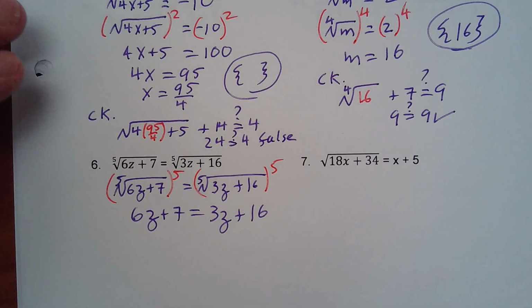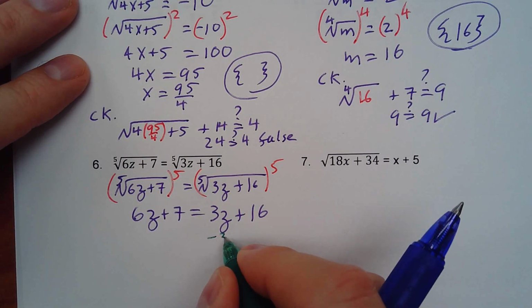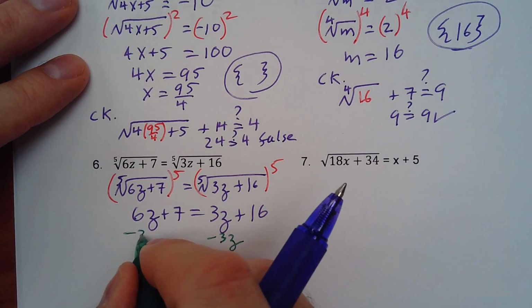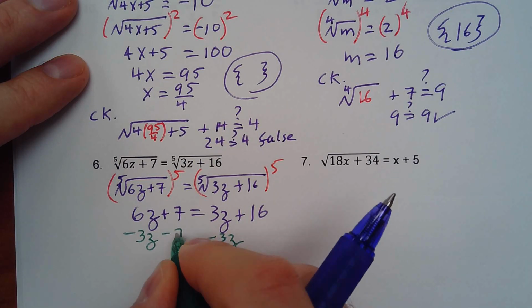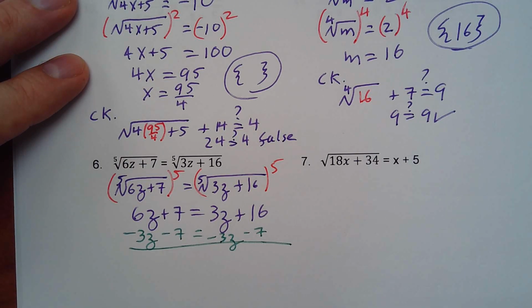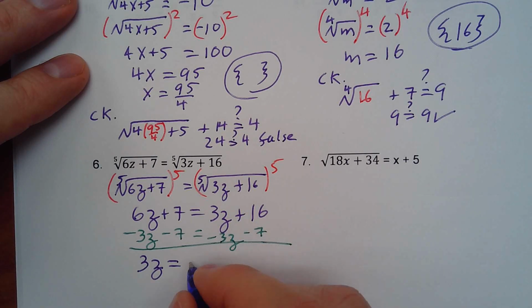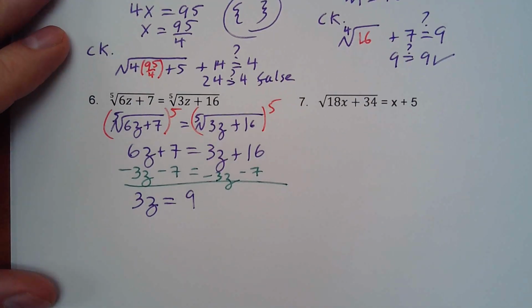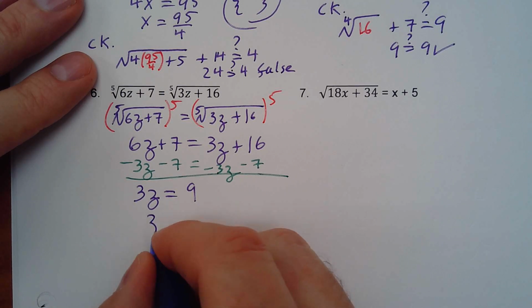So let's solve for z. I'm going to subtract 3z from both sides and subtract 7 from both sides. That gives us 3z equals 9. Divide both sides by 3, get z equals 3.